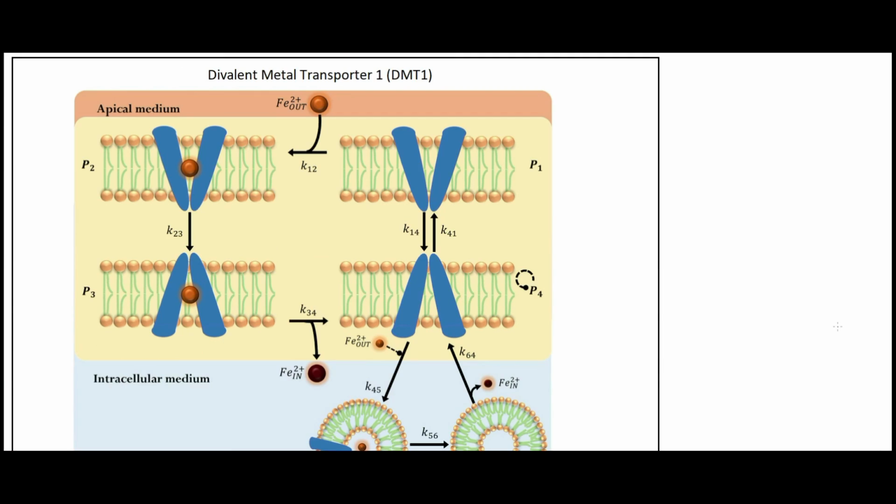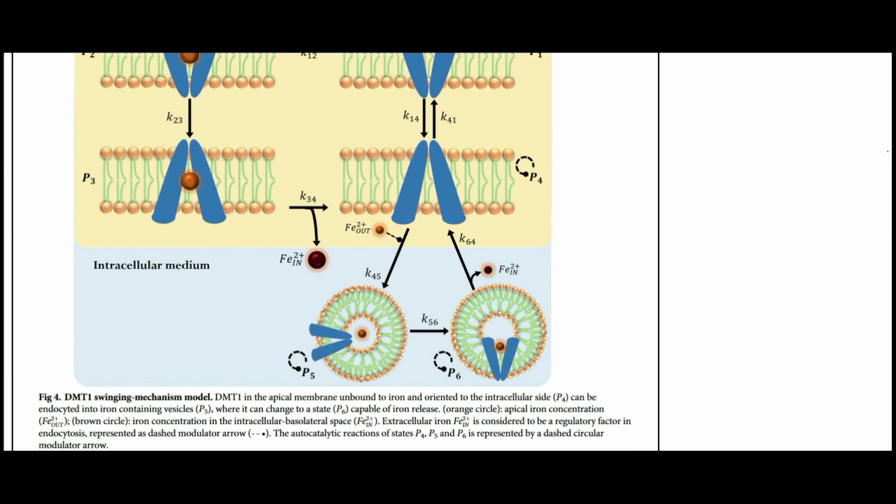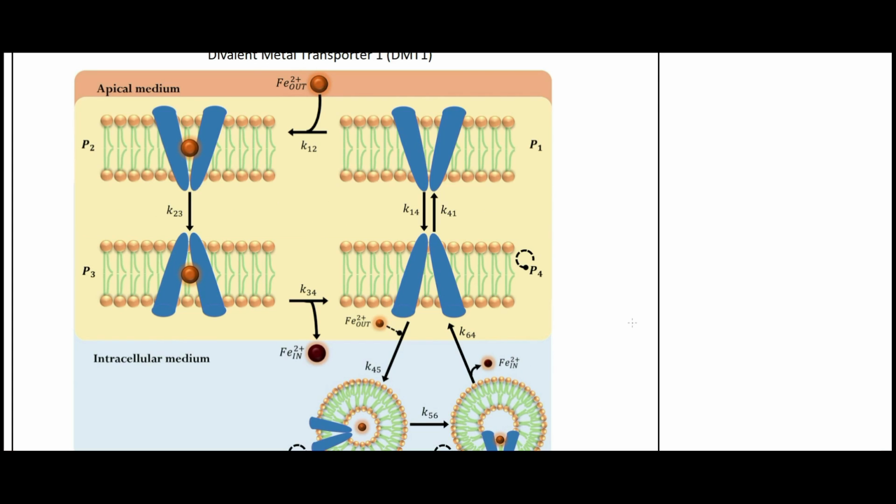So this is that DMT1, the divalent metal transporter 1, and this is the proposed mechanism from a paper. It proposes a few mechanisms, but in the end it says that this is the model that fits the data the best.